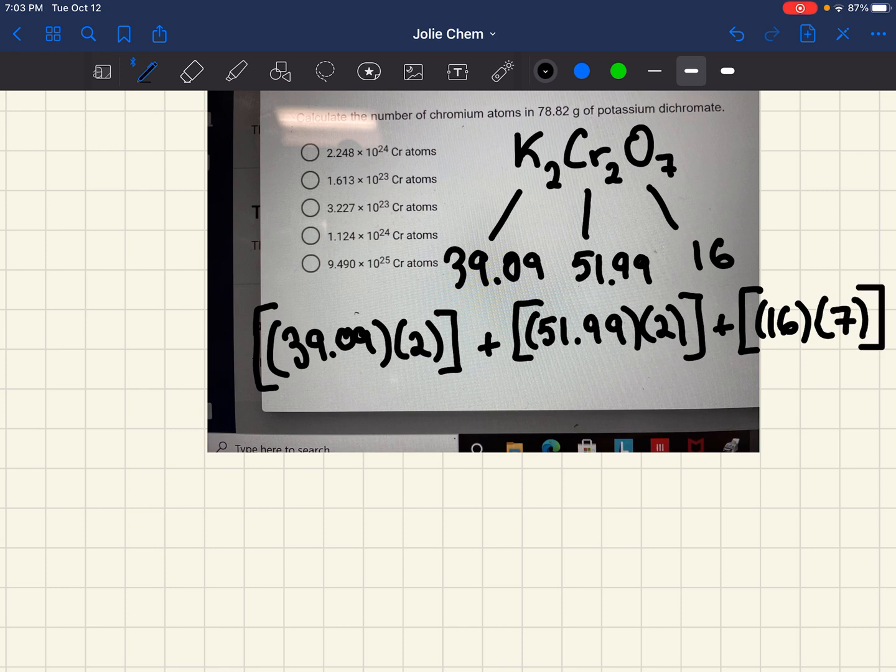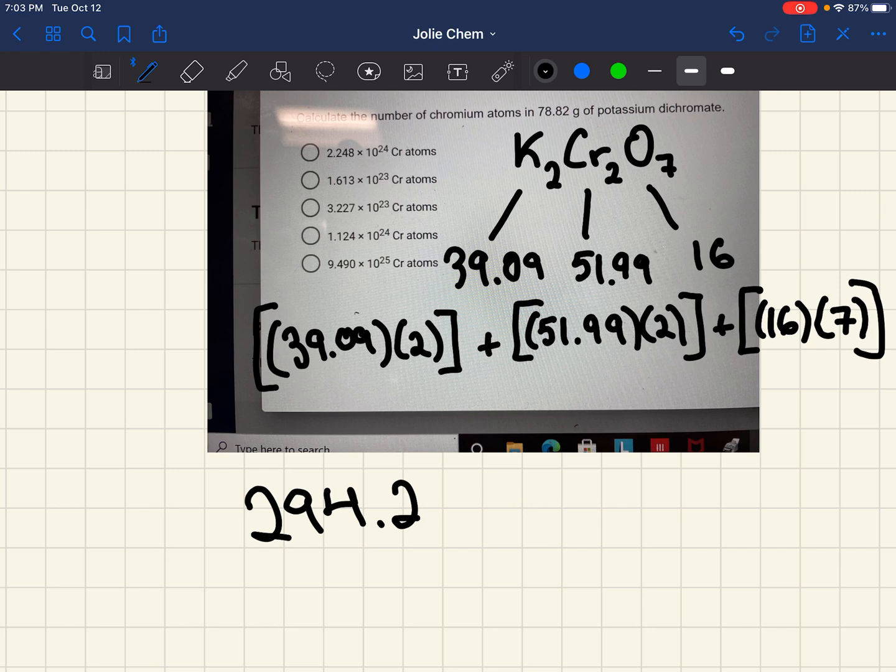Obviously my math isn't going to be exact, I'm just kind of skipping around, but we know that the molecular mass ends up being about 294.2. So with that, we know what the molecular mass of potassium dichromate is.